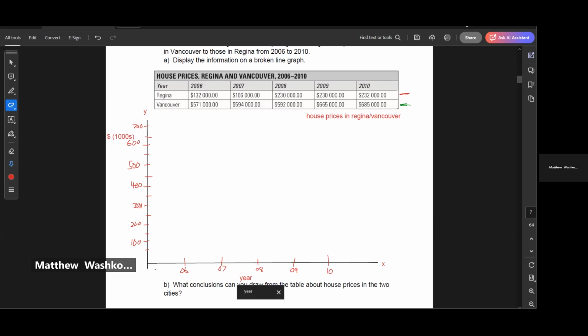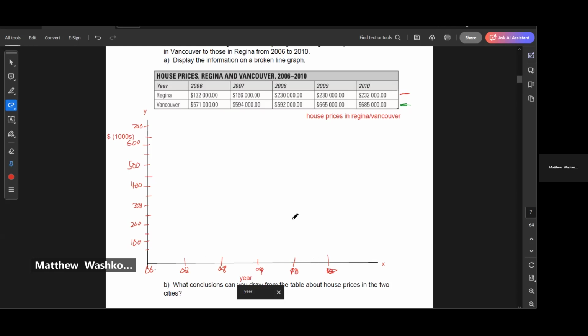Now, I have intentionally made a mistake on this graph, and I want you to see if you can find it. The mistake is I'm starting 2006 out here. It should be over here, right? This should be 2006. Here's 07, here's 08, here's 09, and then here's 2010.